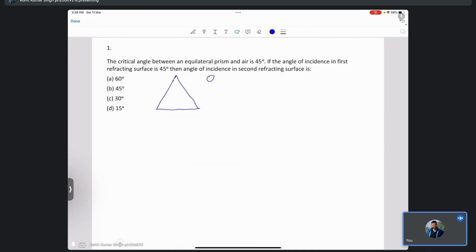What's given is the critical angle between the prism and air, which is 45 degrees. From this information, what can we find? Can you tell me?